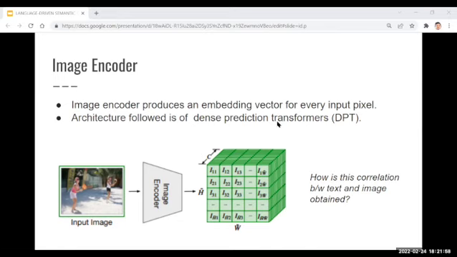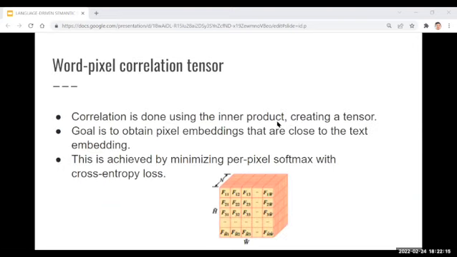But the question essentially is how this correlation is obtained. How are we able to obtain a very good correlation between the text embedding and the corresponding image pixel embedding? So let's see that. There is something called a word pixel correlation tensor which is created.